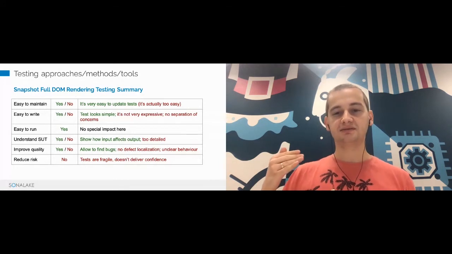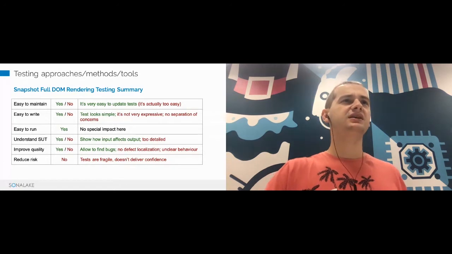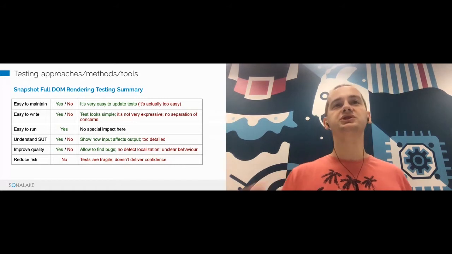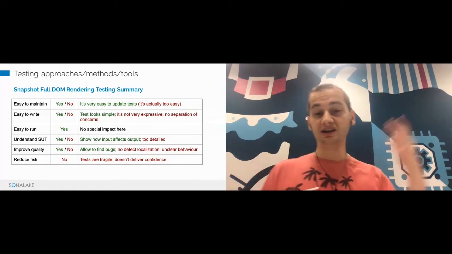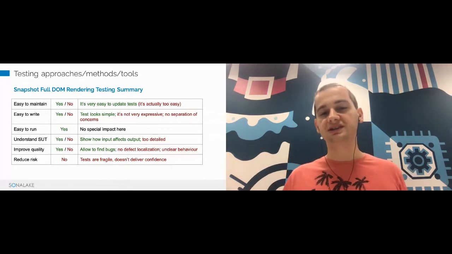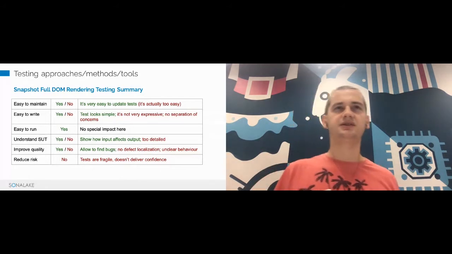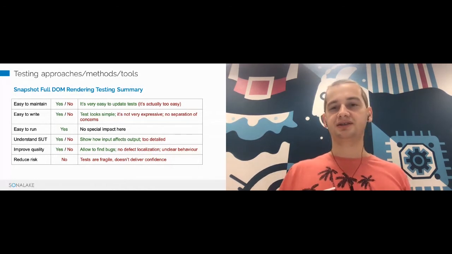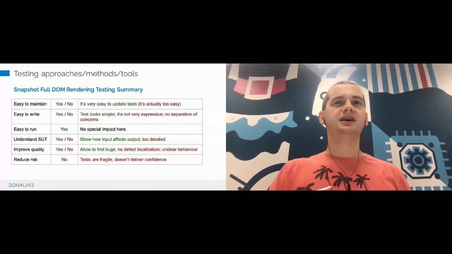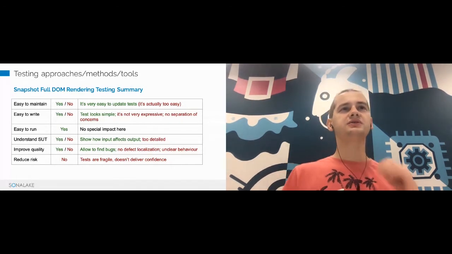Is it something like we change a vendor library? As you may see, I have, for example, here the Paper root, which is coming from Material UI, and if they update just the class name, it will fail. However, the system will work as expected. So it's not reducing the risk of the change because there are those false positives, or positive falses, actually.